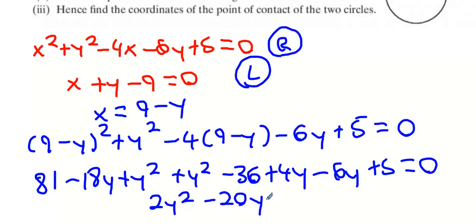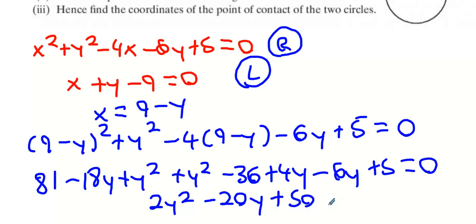Is that right? 18 plus 4 is... Yeah, I got it. And then 81 take away 36 is 55. Is that right? No, it's not. No, it's 45. 45 plus 5, 50. Yeah, I think we have it now.